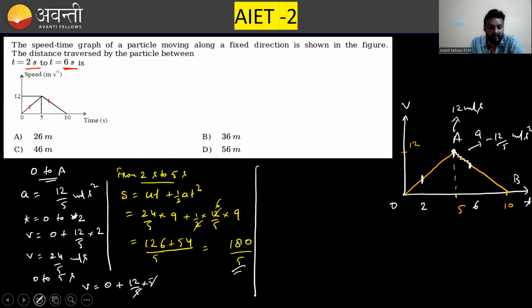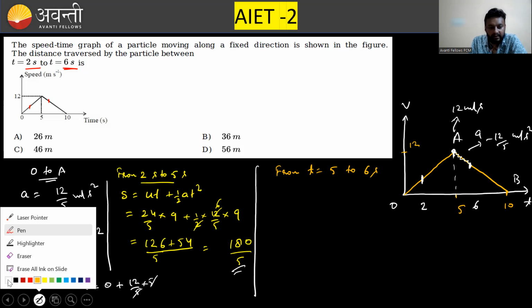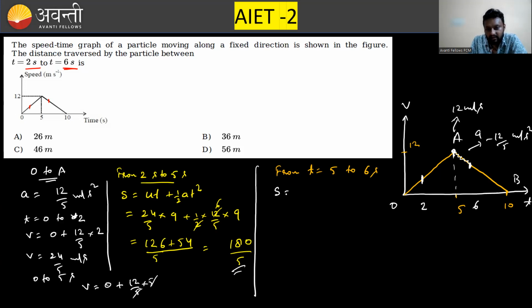So distance again I will calculate from t equals to 5 to 6. If you calculate the distance, s is equals to ut plus half at square and put the values. U is what? 12. T is nothing but 1, minus half. A is what? 12 by 5. T square is just 1. Clear?